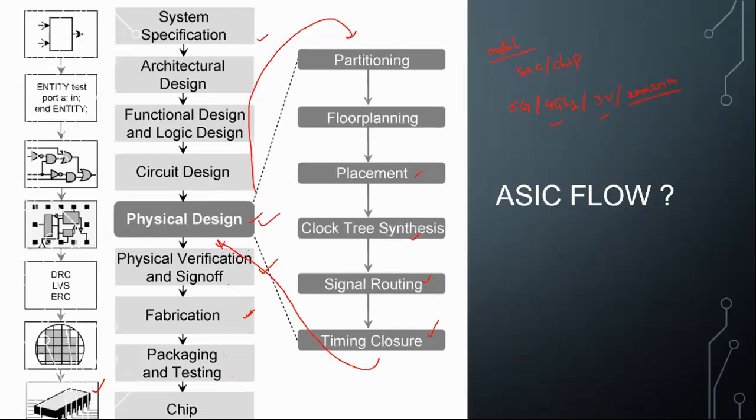For example, if I have any DRCs at some location, I can come back to signal routing, fix it, and proceed to the sign off. In sign off, all my metrics should be clean. I cannot sign off without cleaning every single violation, even if it is timing, IR, EM, or DRC.